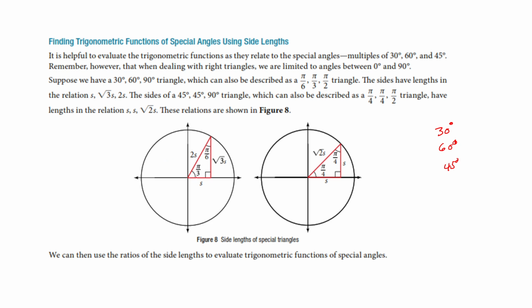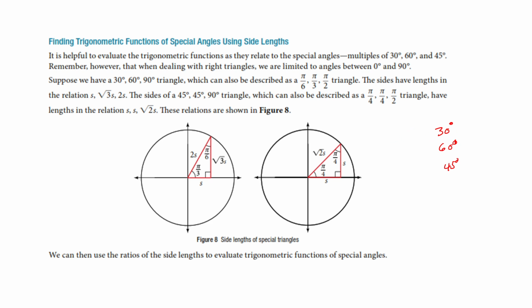So they've put the right triangle inside the circle, which again, we're going to get back to. But we want to just figure out how do we find the values of 30, 60, and 45 for sine, cosine, and tangent, and all the others. Well, the first thing is to talk about converting between the two.